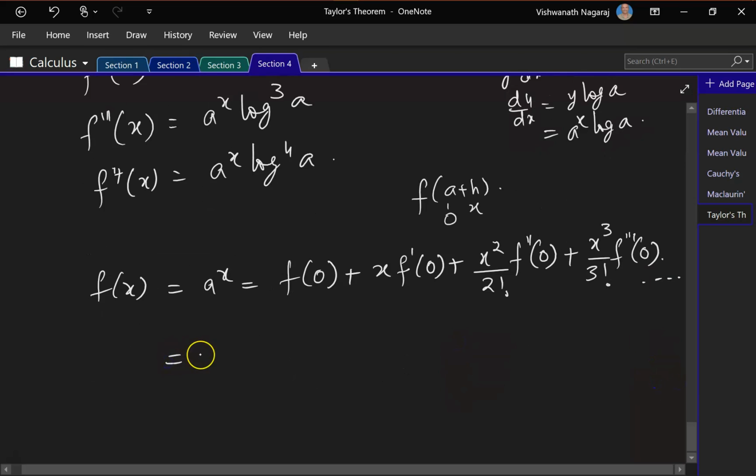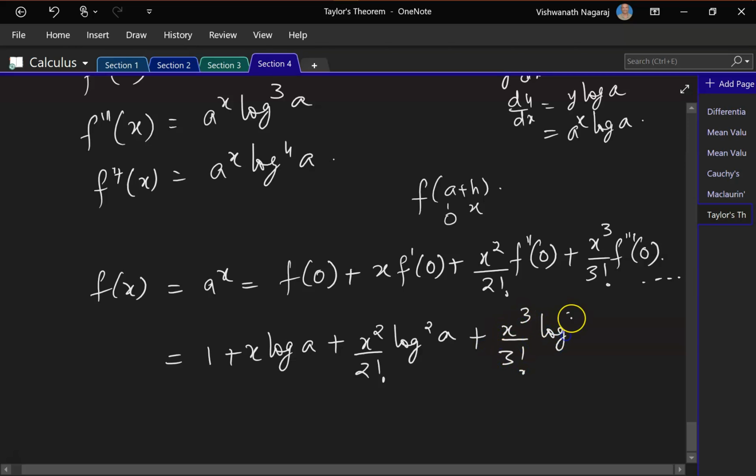So our series becomes 1 plus x log a plus x square by 2 factorial log square a plus x cube by 3 factorial log cube a and so on.